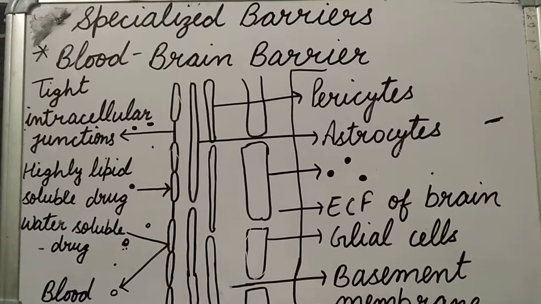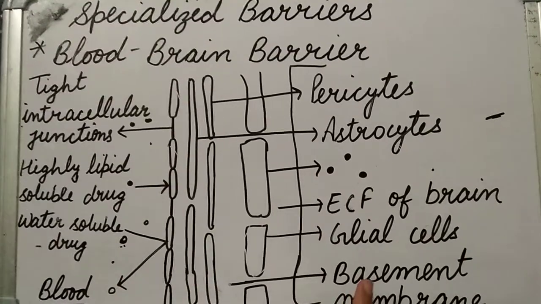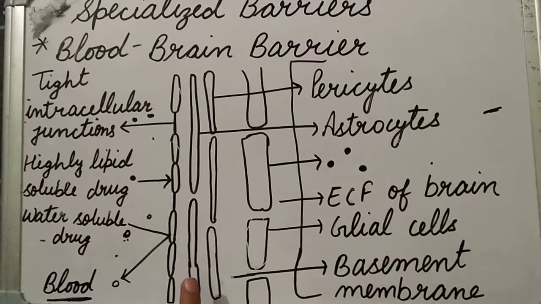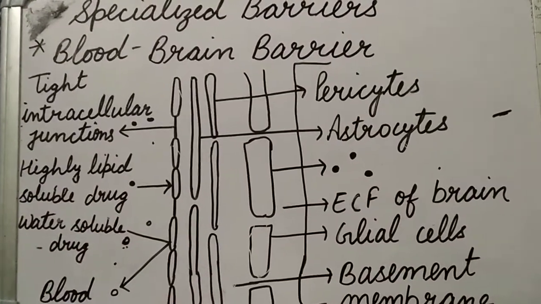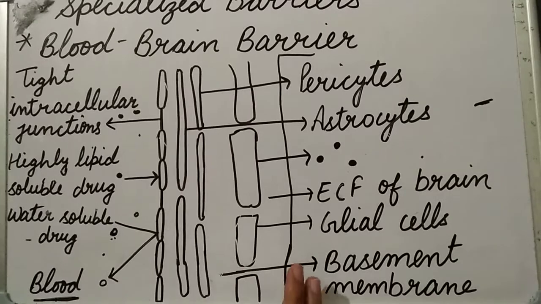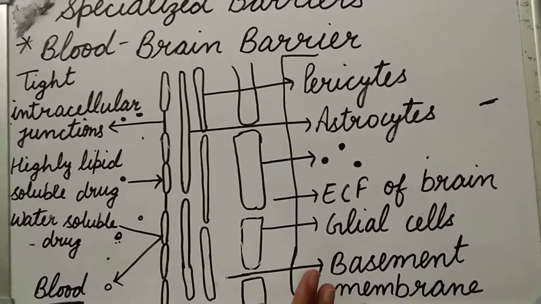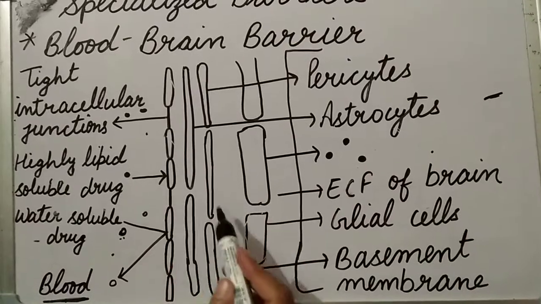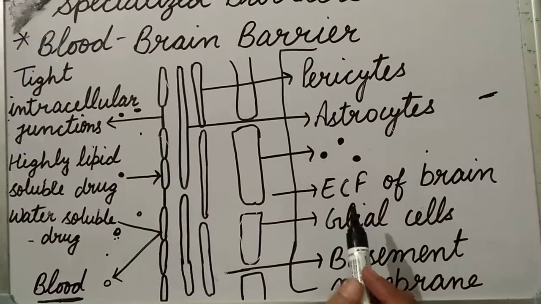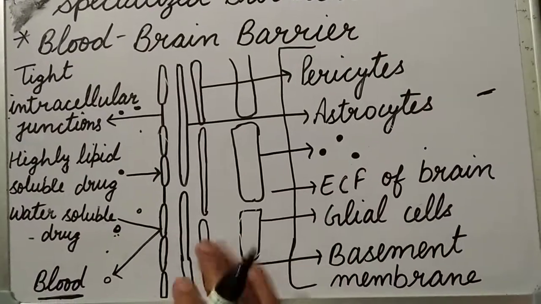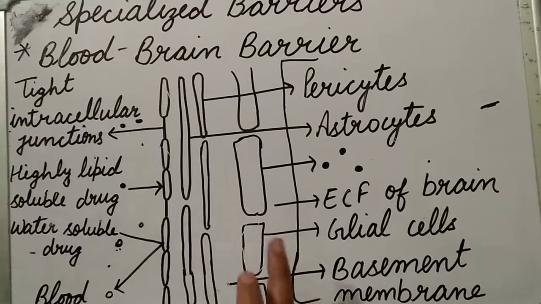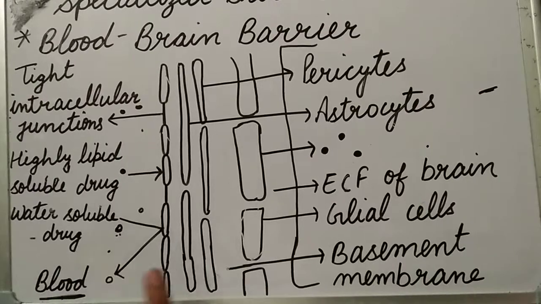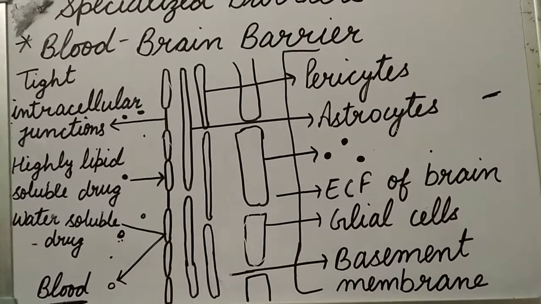So, to cross the blood-brain barrier it is very important that the drug should possess very high lipid solubility. In a few cases, like in case of inflammation or in case of various diseases, the blood-brain barrier can be more permeable, but in non-disease states, it will always be permeable to only highly lipid soluble drugs.